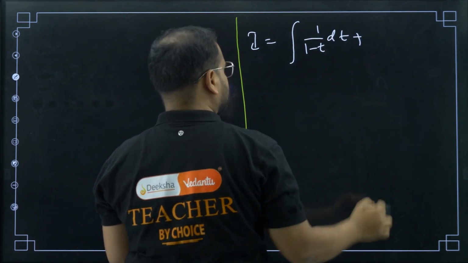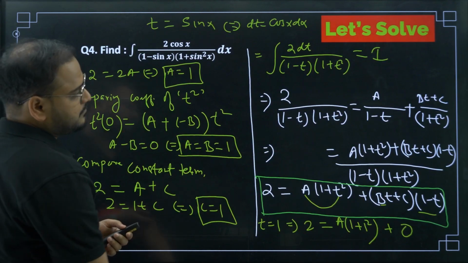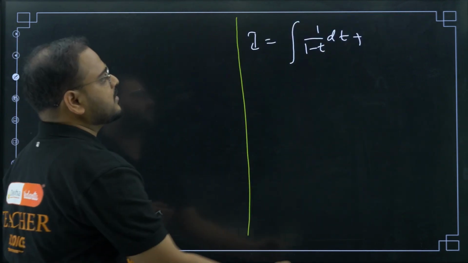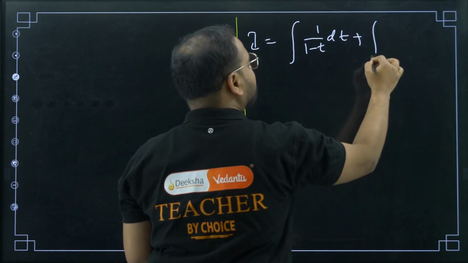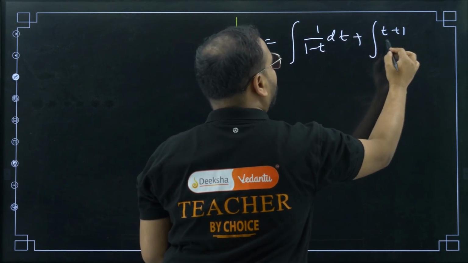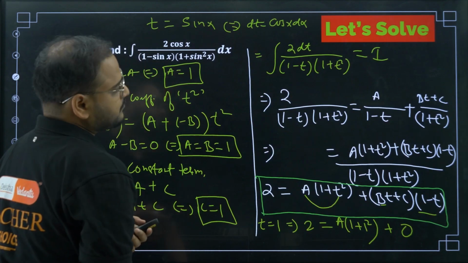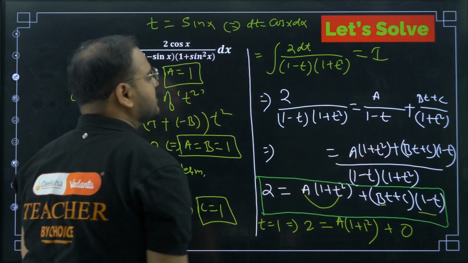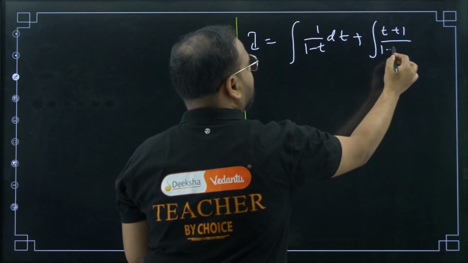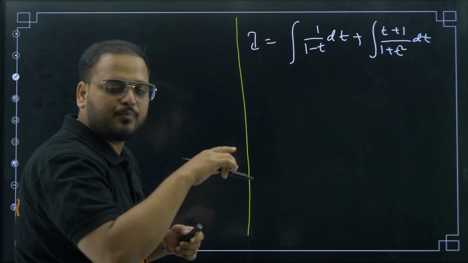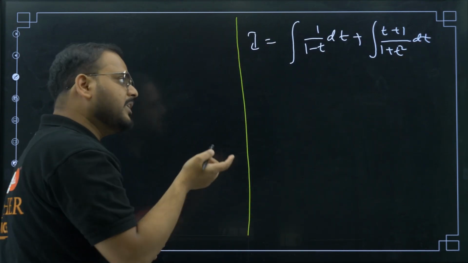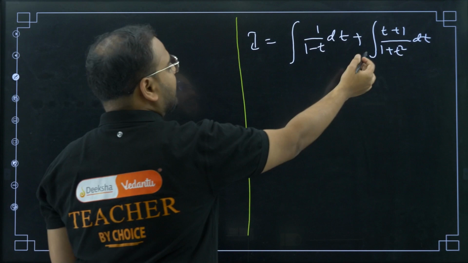Same way, plus bt plus c. Simply b is also 1, c is also 1. So integration of t plus 1 upon what? 1 plus t square dt. Both b and c are 1, so b into t will be simply t, and c is simply 1. Now I can break this over here.